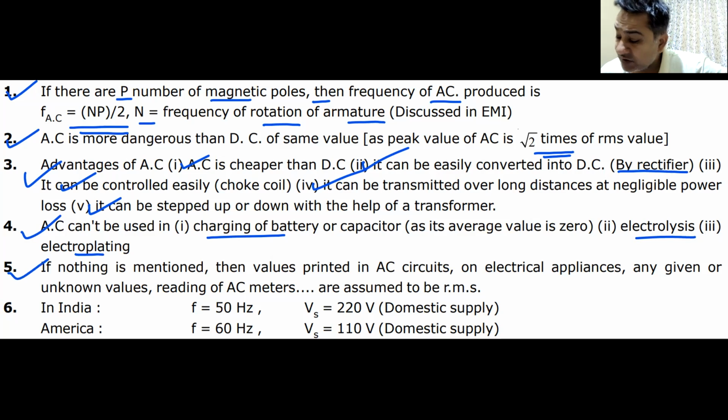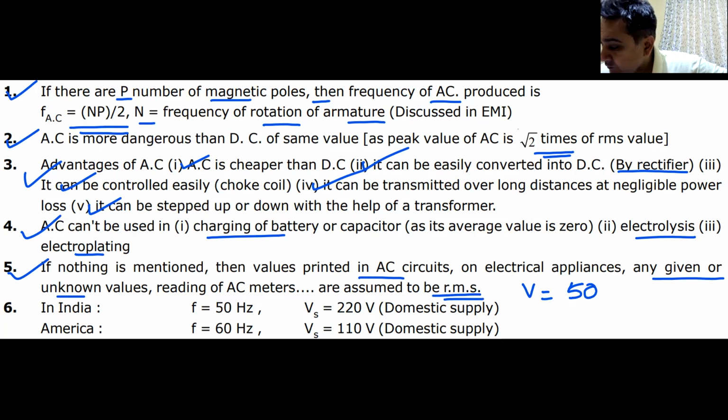Remember this very important thing: if nothing is mentioned in AC circuits, any given or known values printed on electrical appliances are assumed to be RMS. So if I say AC voltage is 50 volts, which value am I talking about? I'm not talking about the peak value. I am talking about the RMS value.